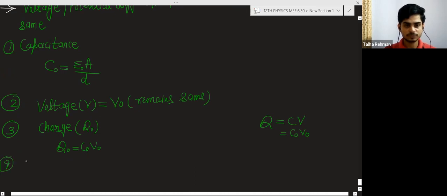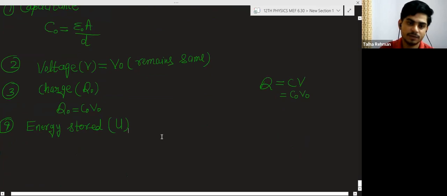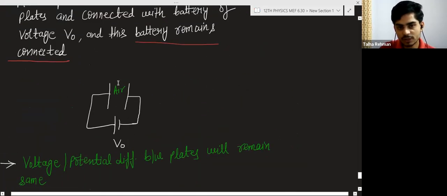Fourth, energy stored. Energy stored is represented by capital U, and we have the formula of capital U equal to half CV square.